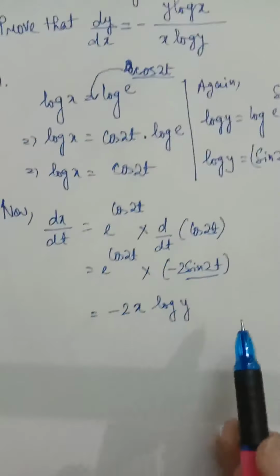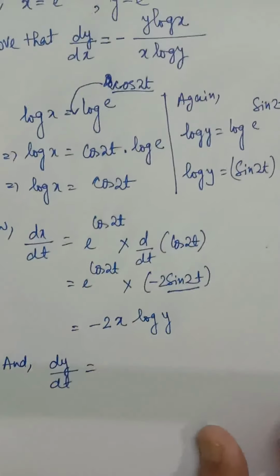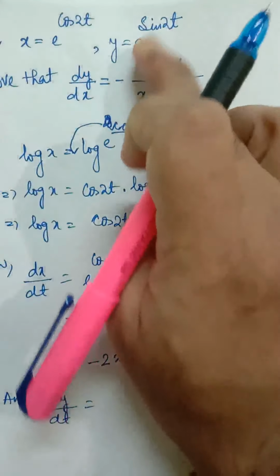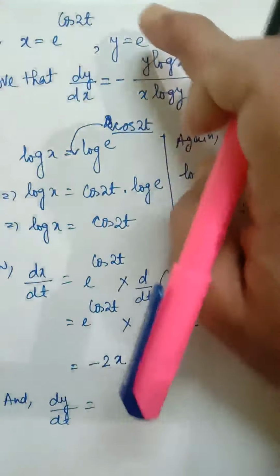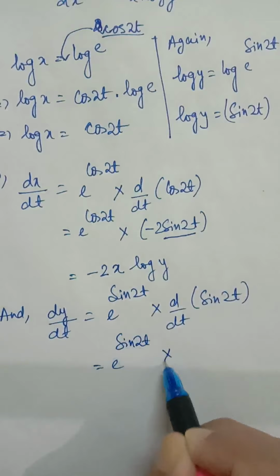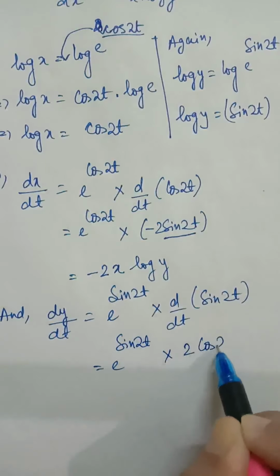dy by dt equal to, y is e to the power sin 2t, derivative of e to the power x is e to the power x into d by dt of sin 2t. So e to the power sin 2t, and the derivative of sin 2t is 2 cos 2t.